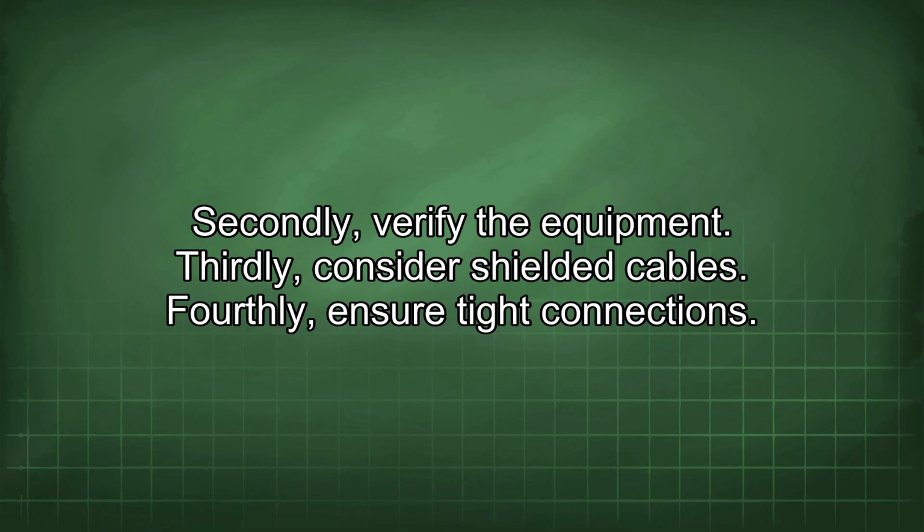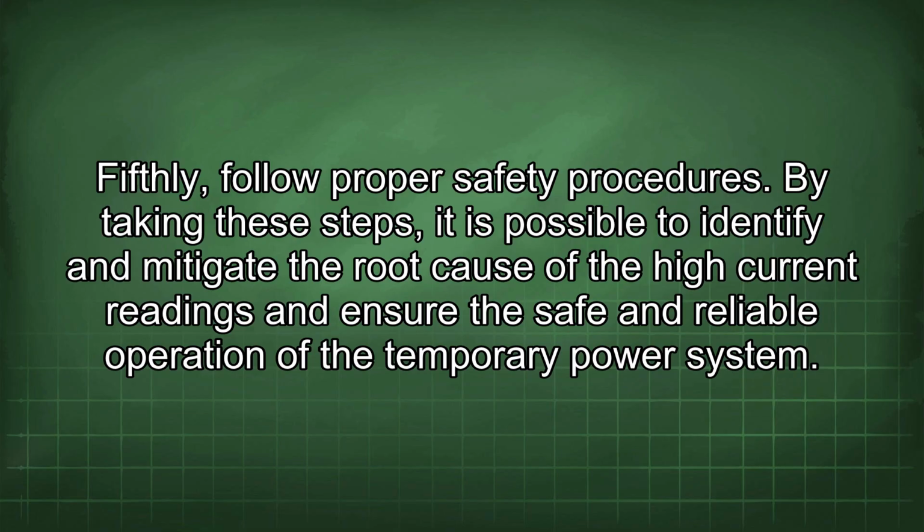Secondly, verify the equipment. Thirdly, consider shielded cables. Fourthly, ensure tight connections. Fifthly, follow proper safety procedures. By taking these steps, it is possible to identify and mitigate the root cause of the high current readings and ensure the safe and reliable operation of the temporary power system.